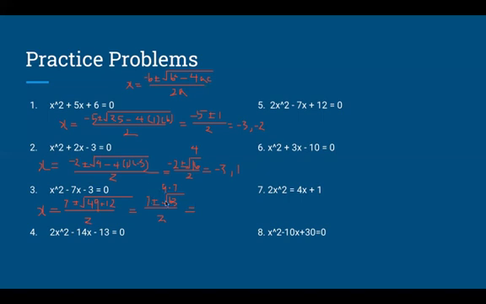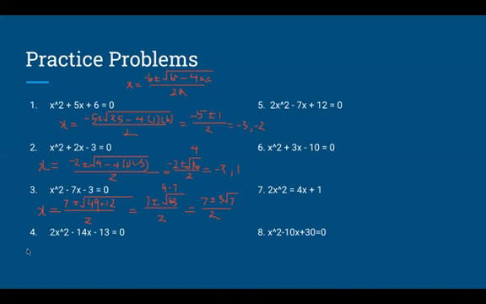The square root of 9 is 3, so we can rewrite it as 3 times the square root of 7. We separate the two components, and we get the final answer of 7 plus 3 times the square root of 7, over 2, or 7 minus 3 times the square root of 7, over 2. We can leave it in this form, as it does not simplify to whole numbers.